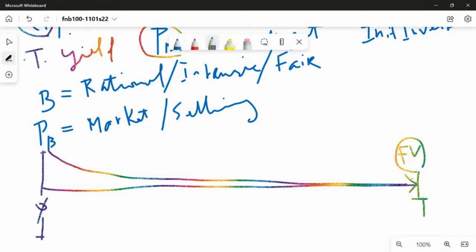And on the other hand, if the bond is a discount bond, let's say it was sold at a discount from $1,000, then over the life of the bond, it will eventually approach the face value of 1,000.